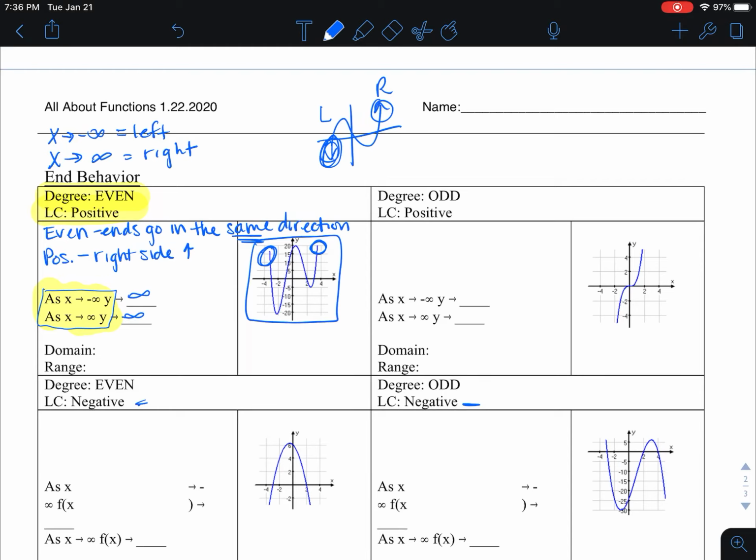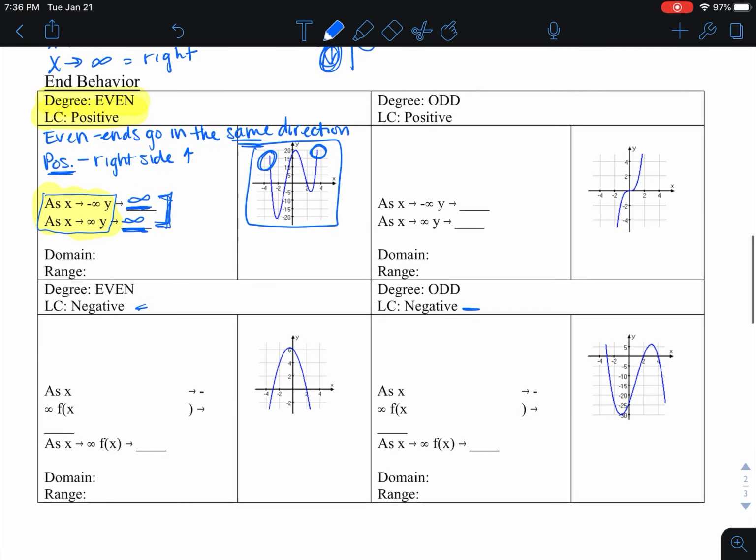We don't even need the graph to know that, because we know it's even, so the two ends have to go in the same direction, so our answers for these 2 questions have to be the same. And since it's positive, the right-hand side goes up. So if the right-hand side goes up, then the left side is also positive.